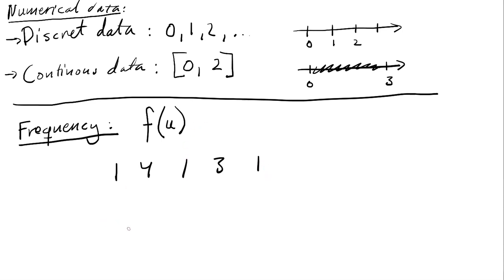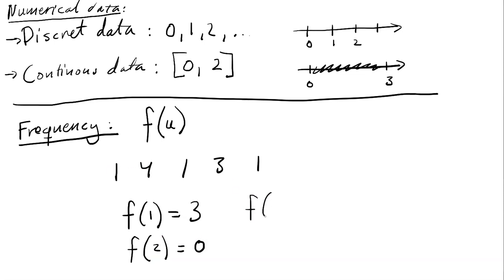So frequency of 1 here means how many times I have gotten data type 1, and I have gotten data type 1 3 times. And data type 2 I've gotten 0 times because there is no 2 in the data. And frequency of data type 3 I've gotten once, and so on. So these are the frequencies, how many times I have gotten each data type in the data set.